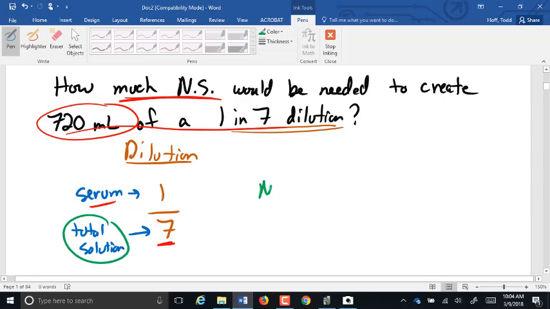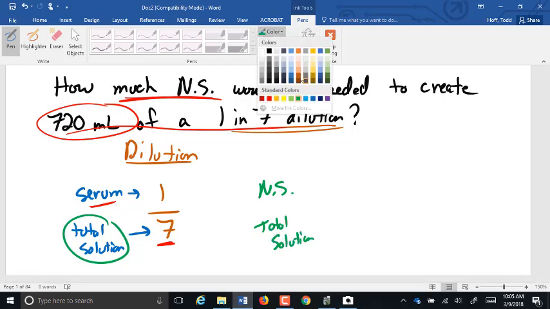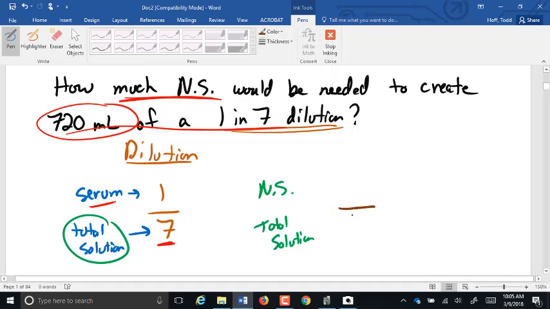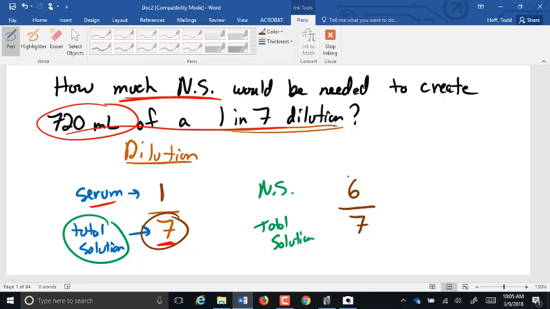What we really need here is a ratio of saline to total solution. So in this ratio, the total solution is still 7 parts. That hasn't changed. If one of those parts is serum, how many parts are saline? 6. 7 minus 1 gives us 6. So the ratio of that solution is 6 parts saline to 7 total parts.